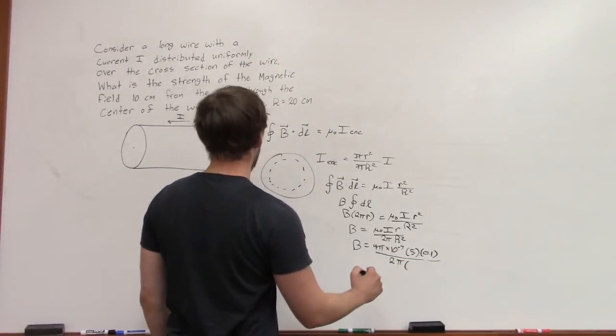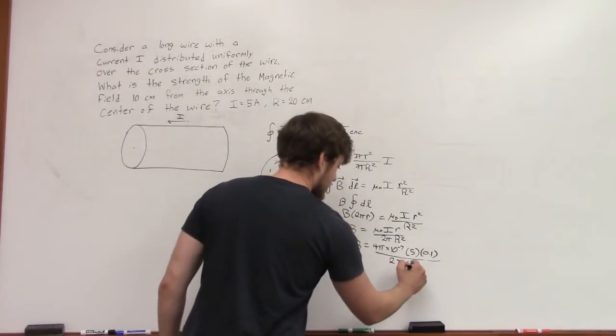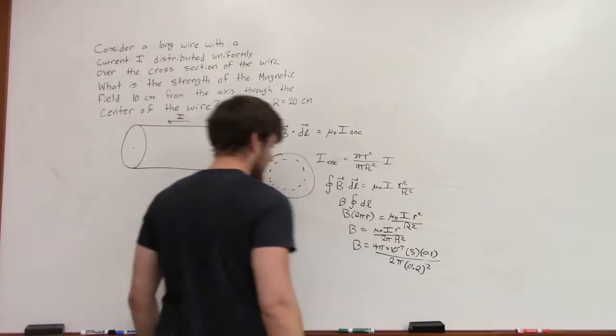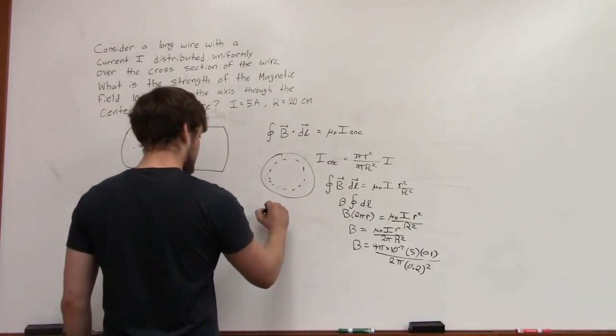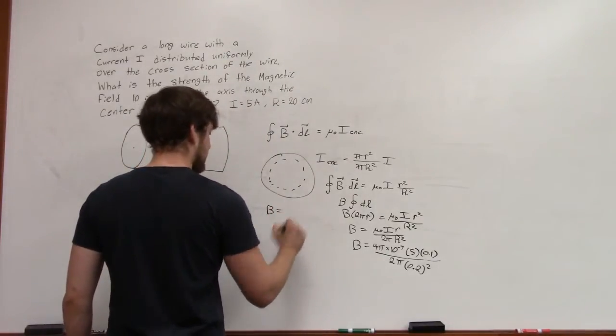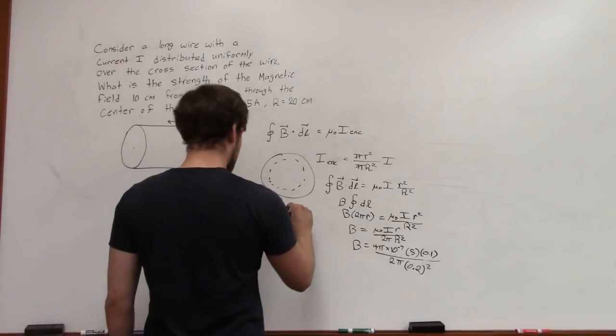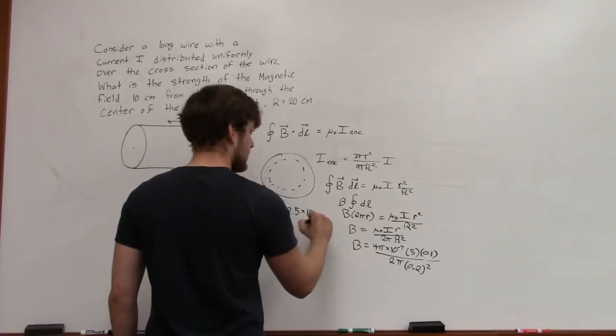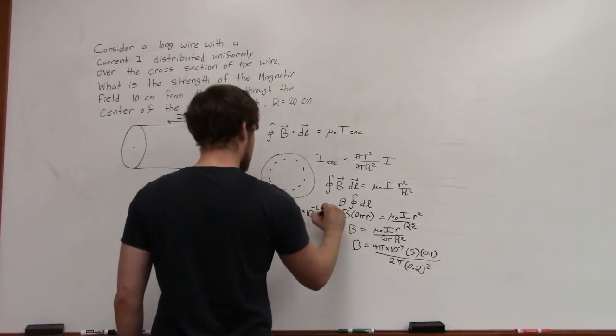The radius of our wire is 20 centimeters, or 0.2 meters, squared. And if you plug those numbers into your calculator, you'll get that the strength of the magnetic field is 2.5 times 10 to the minus 6 teslas.